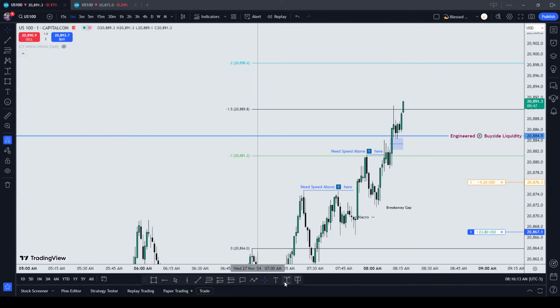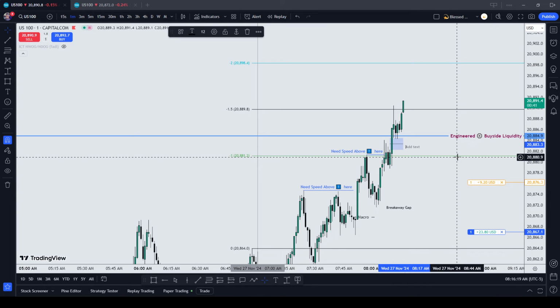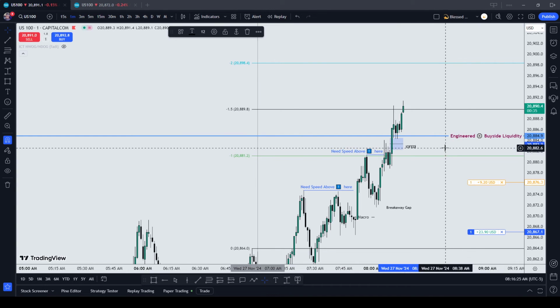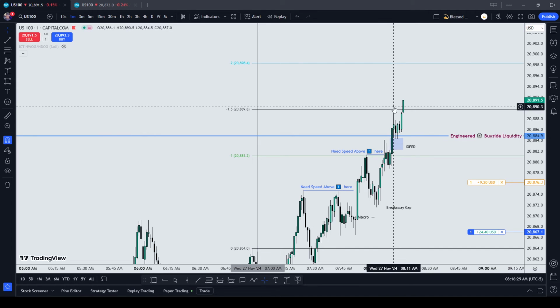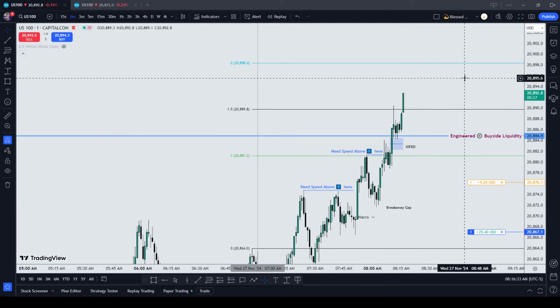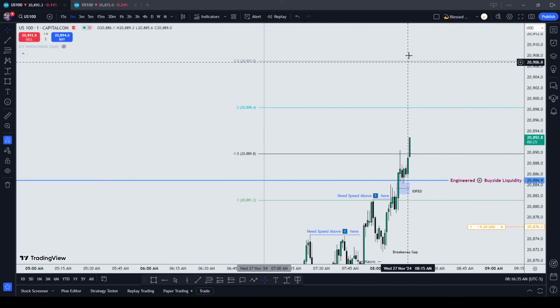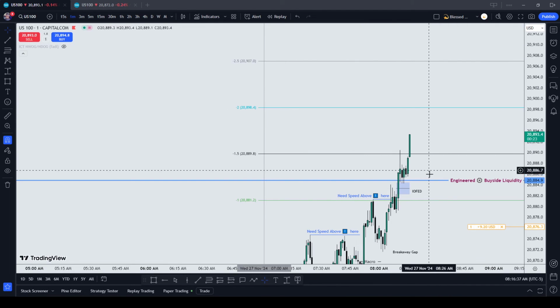So let's mark that out in detail. IOFED, institutional order flow entry drill. Nice, right there. So that's the speed I needed above here. So now a continuation to work to the upside.